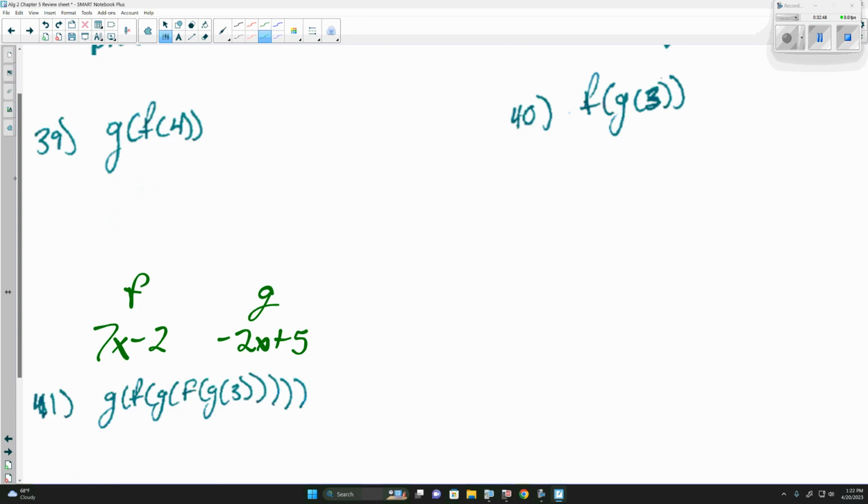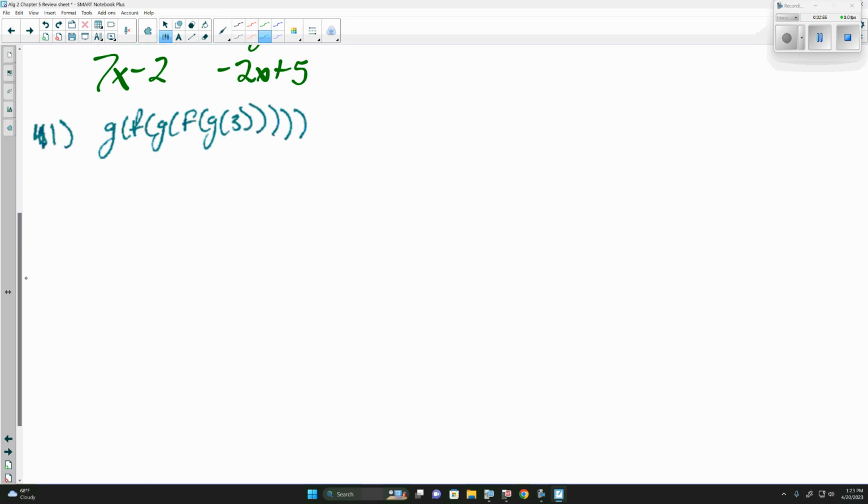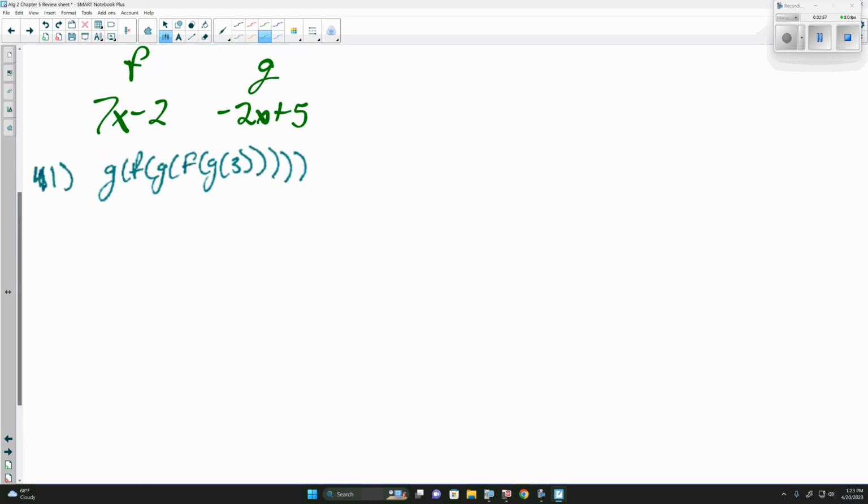So I'm just rewriting those functions so I have them written there. But again, as I said with any of these, we're working from the inside out. So g of f of g, because the first one we're taking is g of 3, because we're taking it in place of x.